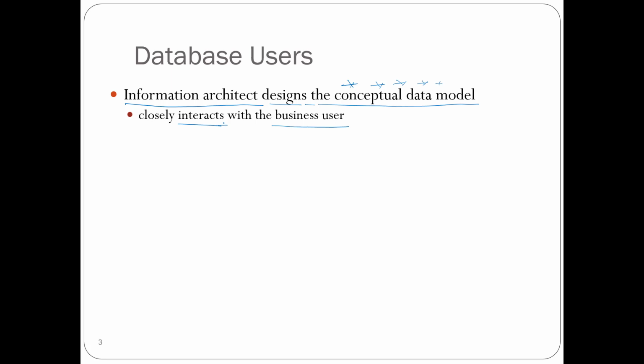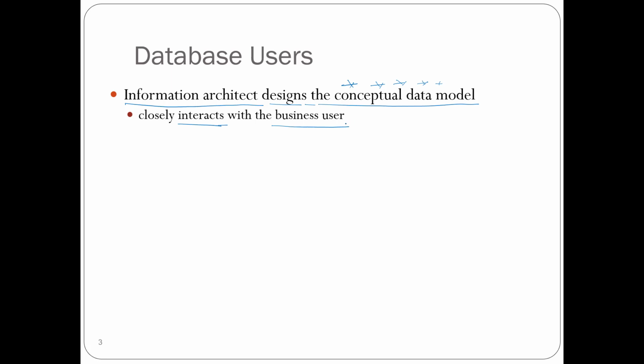Now in your organization, you'll have an information architect. The information architect will reach out to the business owner or the business user here, who is our shop owner. The information architect will meet the business user or the shop owner and will try to identify the requirements, and those requirements are modeled in the conceptual data model.